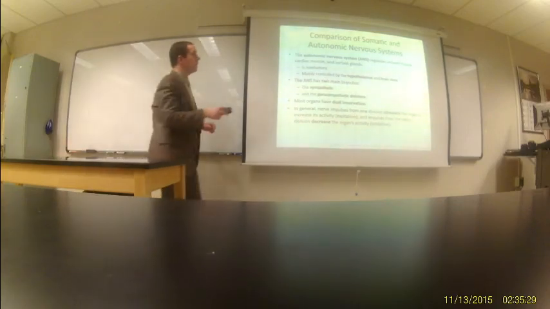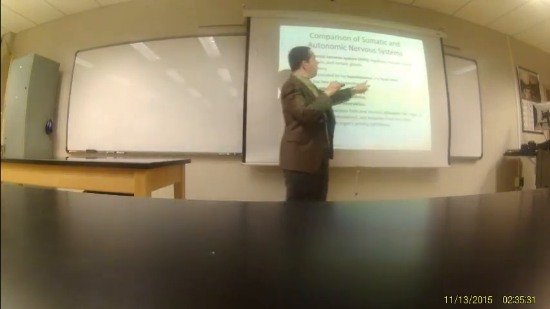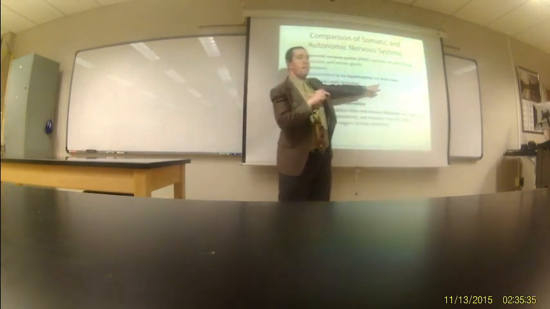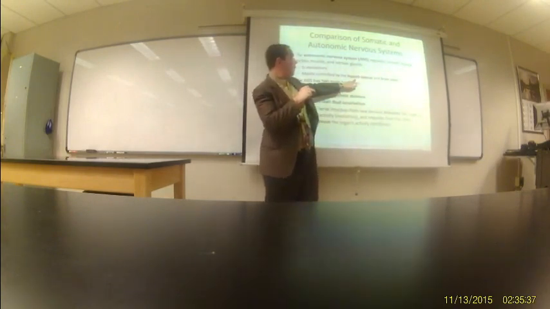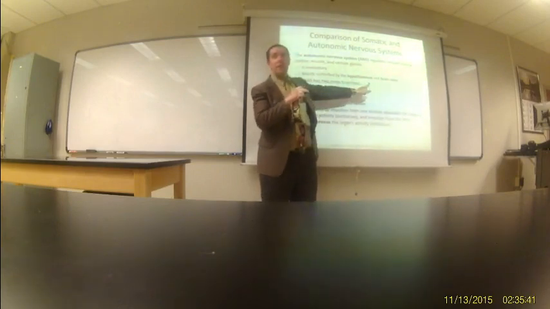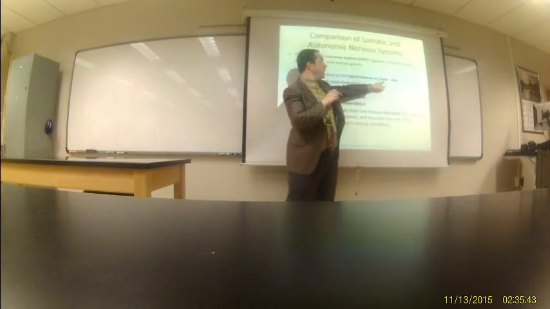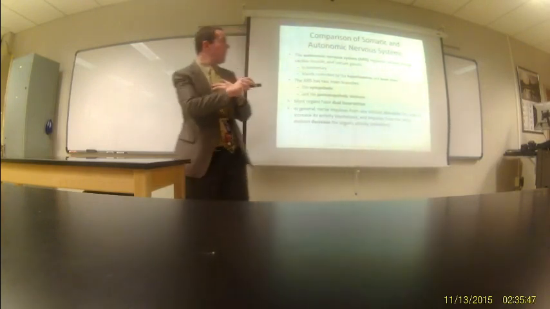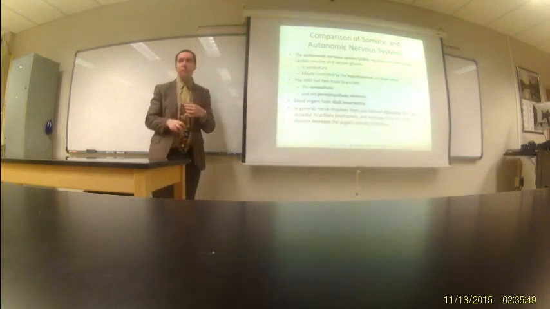So it is involuntary. It's mostly hypothalamus. This also says brainstem, but the vast majority of the control is coming from the hypothalamus, with the exception of the medulla oblongata, which controls heart and breathing rate. That is the brainstem part.